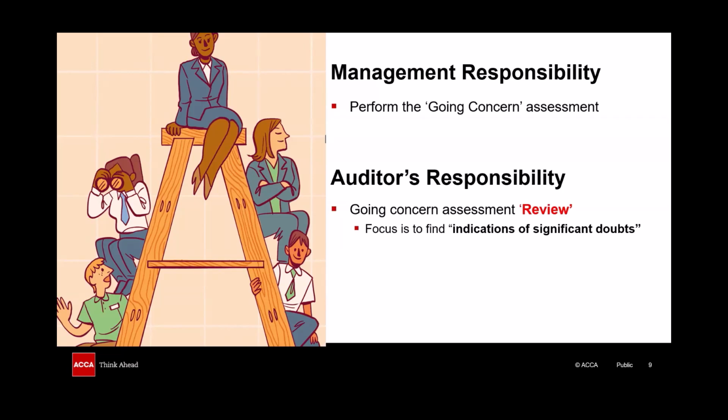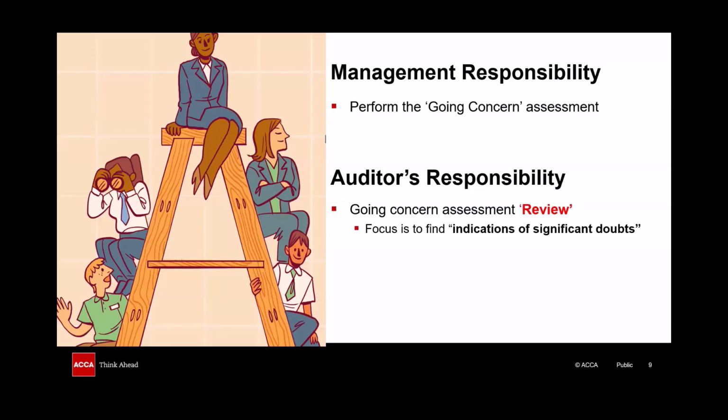Many students falsely believe that it is the auditor's responsibility. You must understand that auditors are there to evaluate and not to take over this crucial role. Their responsibility is only to review and evaluate management's assessment of the going concern.